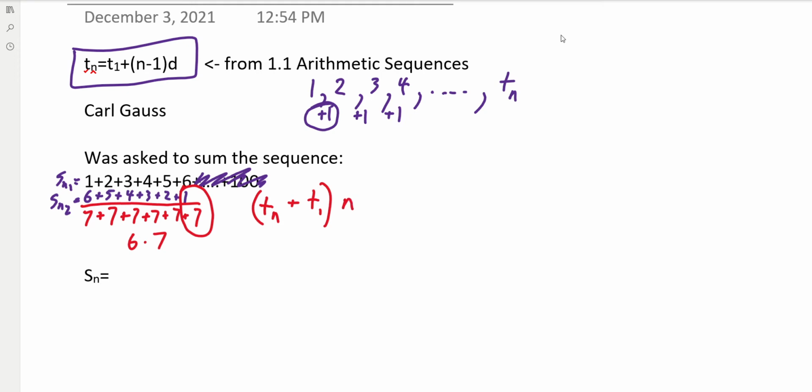And this is not our final answer because we have two sequences here. Just keep that in mind. We actually have to divide by 2.